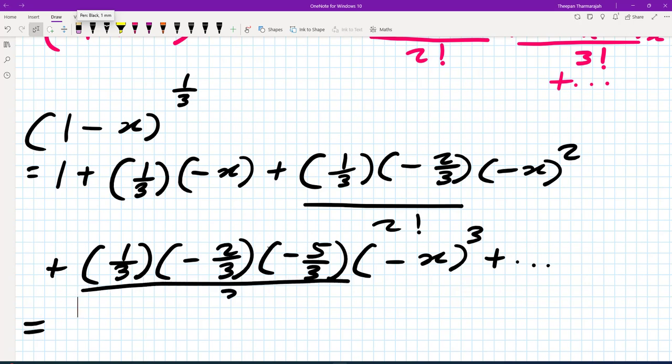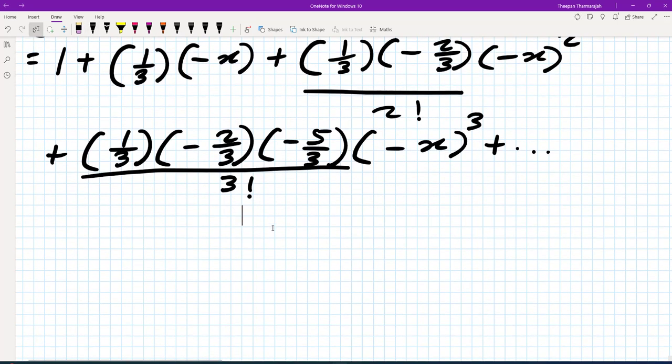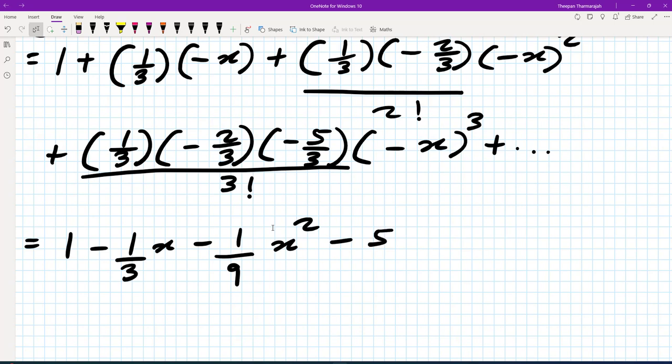And what we end up with is the following: 1 minus 1 over 3 x, minus 1 over 9 x squared, minus 5 over 81 x cubed, plus other subsequent terms.